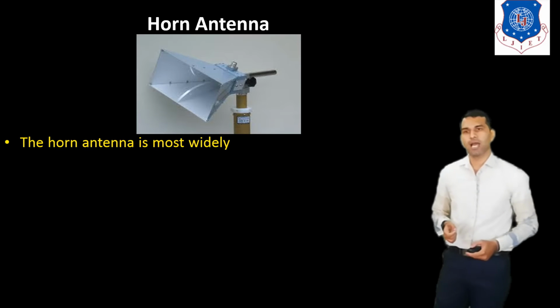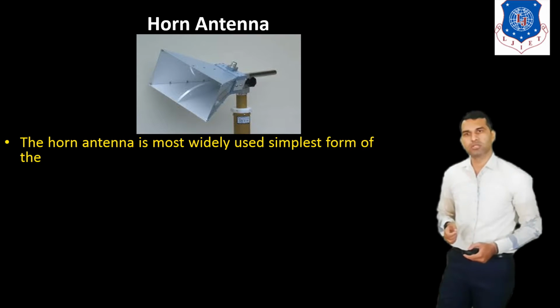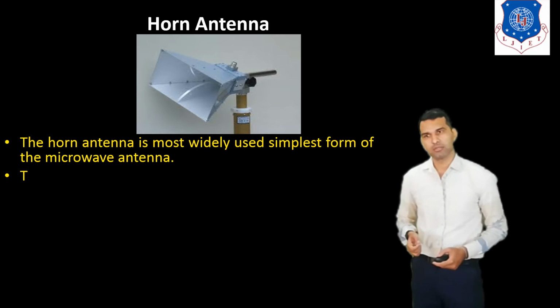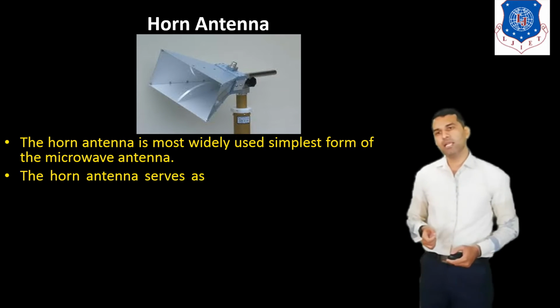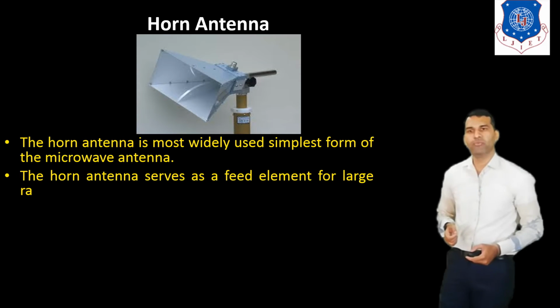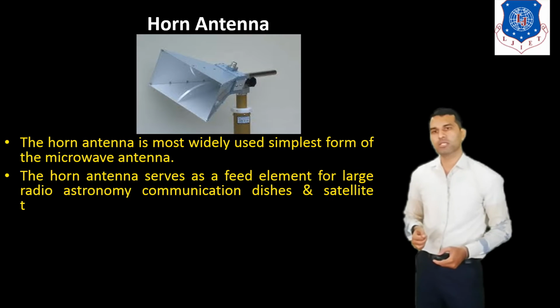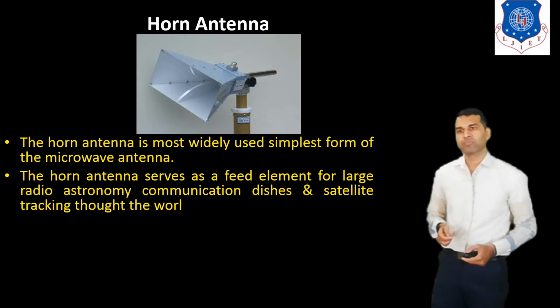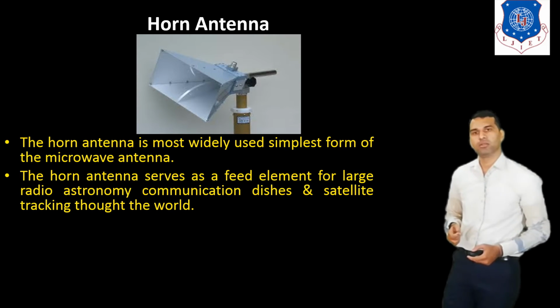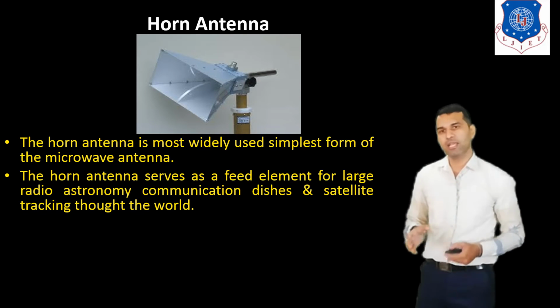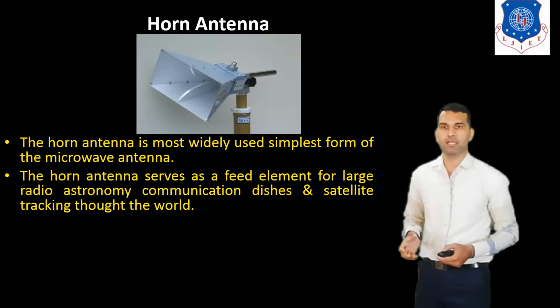The horn antenna is the most widely used, simplest form of microwave antenna. The horn antenna serves as a feed element for large radio astronomy, communication dish and satellite tracking throughout the world. Normally we use the horn antenna as a feeding element in the reflector antenna.